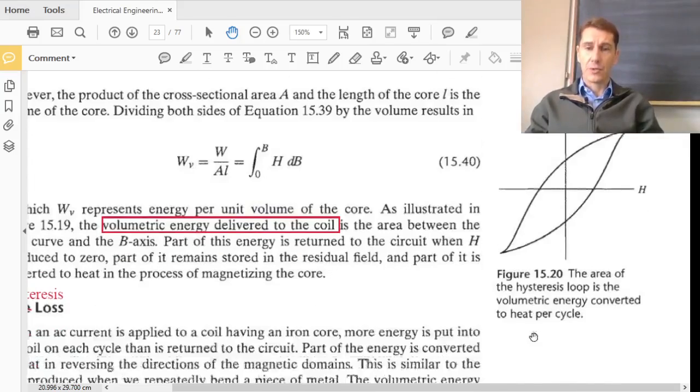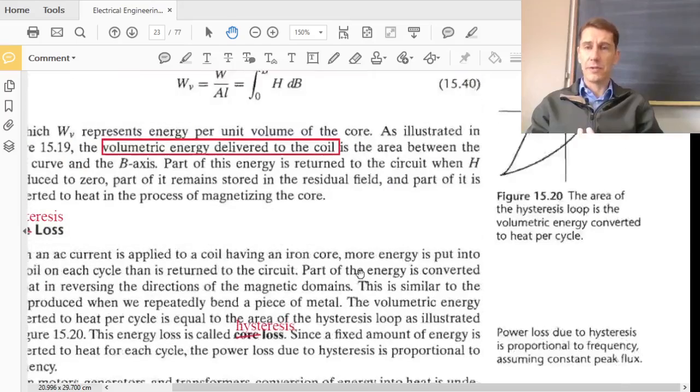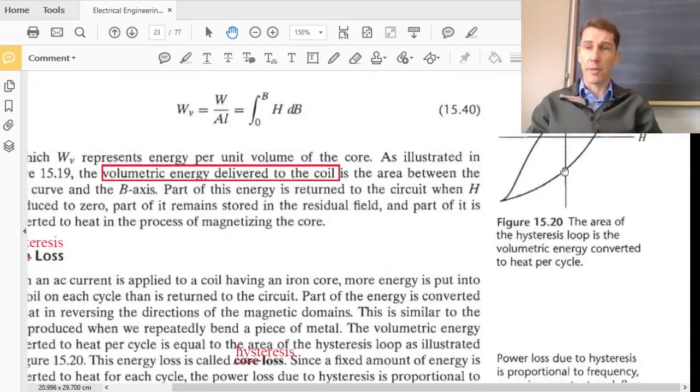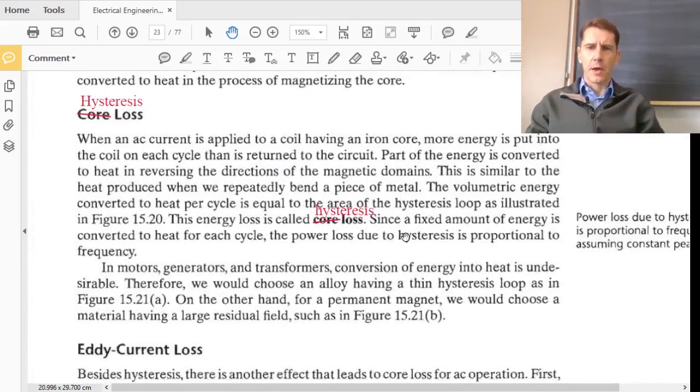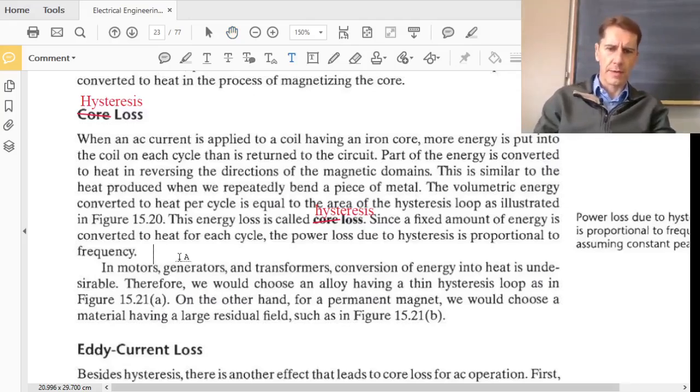volumetric energy. To calculate the power, you simply have to multiply it by the number of cycles per second. Since a fixed amount of energy is converted to heat for each cycle, the power loss due to hysteresis is proportional to frequency. That's important, so I think we can type that in.